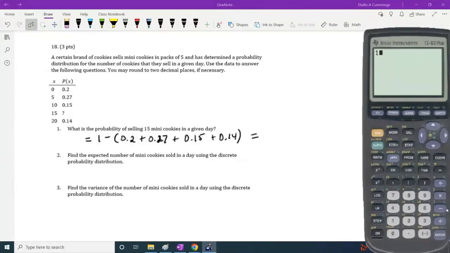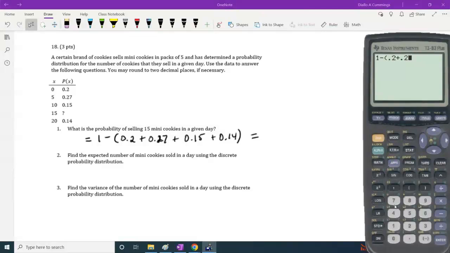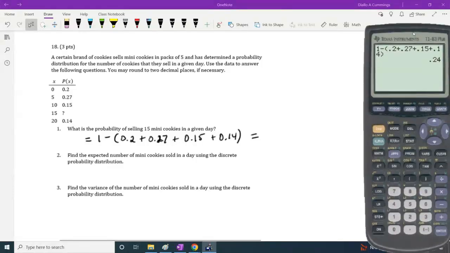This is 1 minus, and I put a begin parenthesis, 0.2 plus 0.27 plus 0.15 plus 0.14, and we have 0.24, or it's a 24% probability that they would sell 15 5-packs of cookies. So I just add up all my probabilities and subtract from 1.